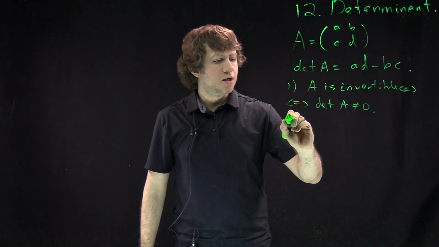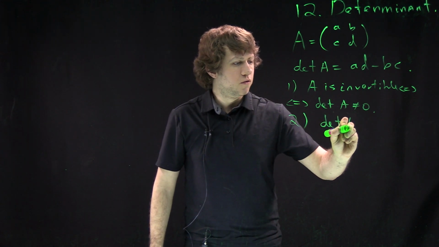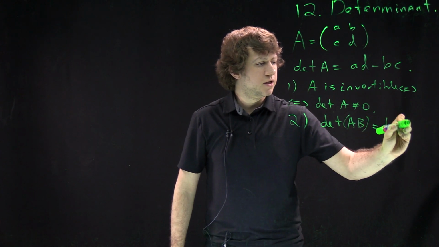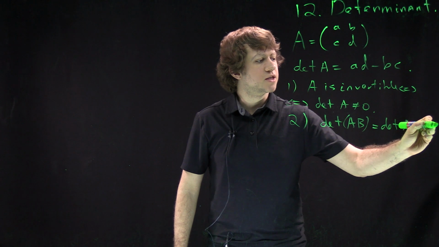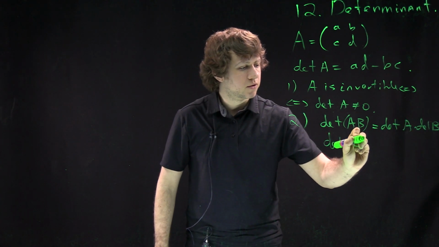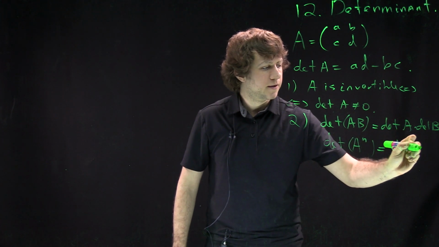So the second property was that the determinant of a product of two matrices AB equals the determinant of A times the determinant of B. That's a beautiful identity. In particular, the determinant of any power of a matrix equals the determinant of A to the power n.